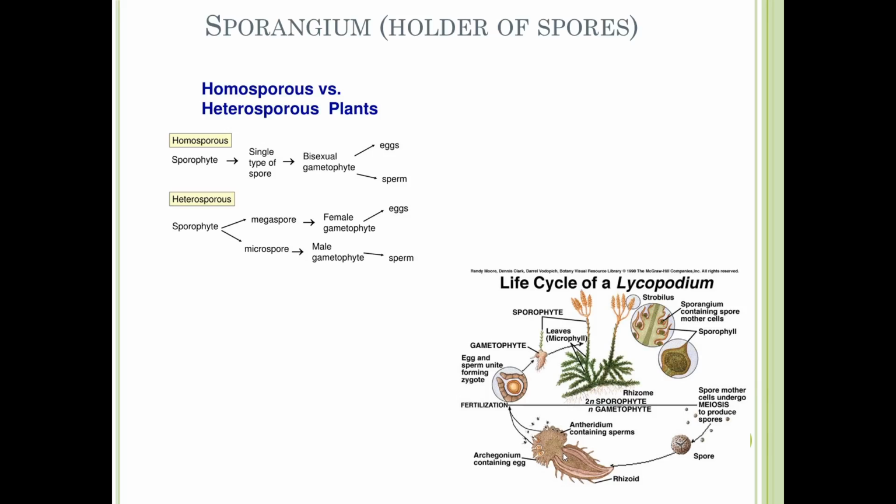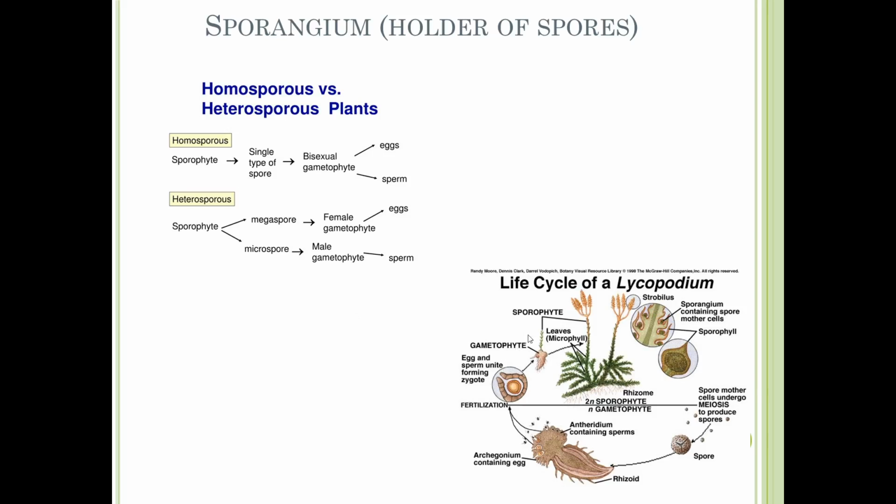Okay, and then again, water is required because the sperm cells are flagellated and they have to swim to the egg in order for fertilization to occur, which is what is going to happen here. And then the life cycle starts all over again. So this is showing a single type of spore giving rise to a bisexual gametophyte, which means that this is a homosporous plant. And again, all of your plants today will be homosporous.